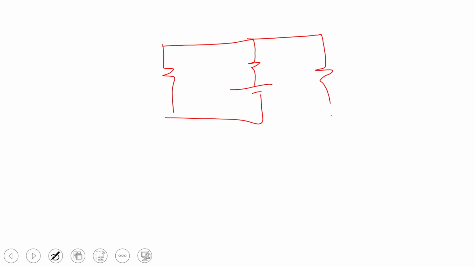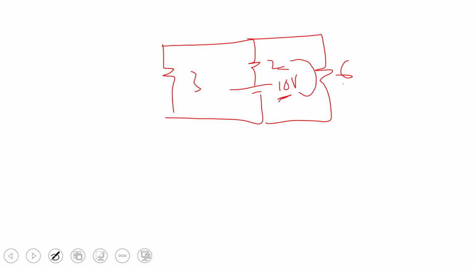Now, let's see something like this. Let's say you have a circuit like this, and you want to know which of them are in parallel. Let's look at these 2 and 6, whether they are in parallel.